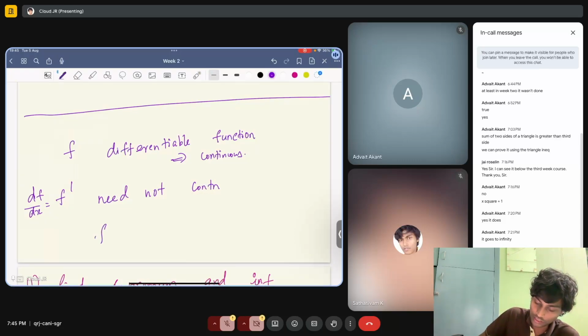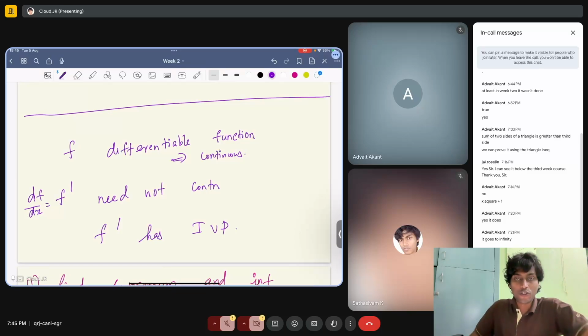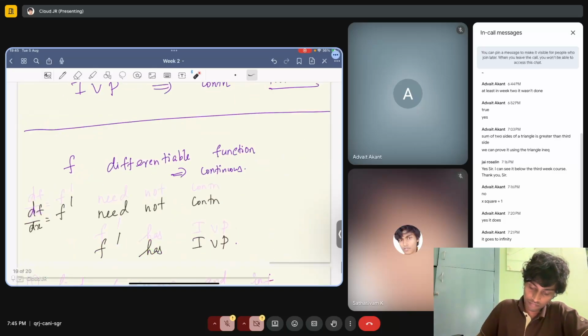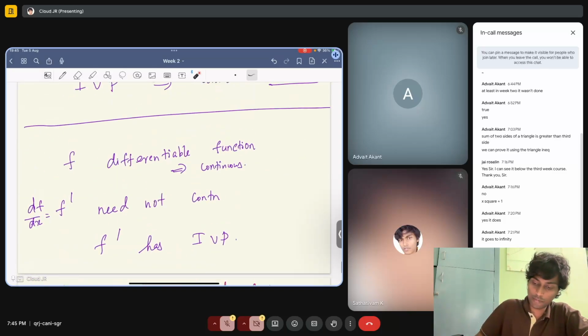But the interesting part is that f prime has the intermediate value property. So continuous implies intermediate value property, and f prime has the intermediate value property.